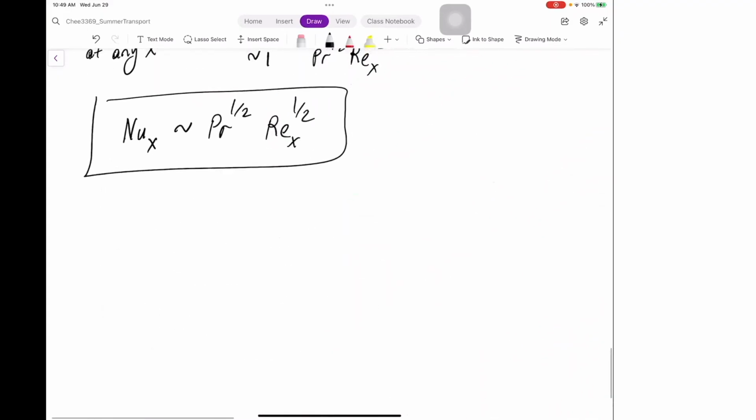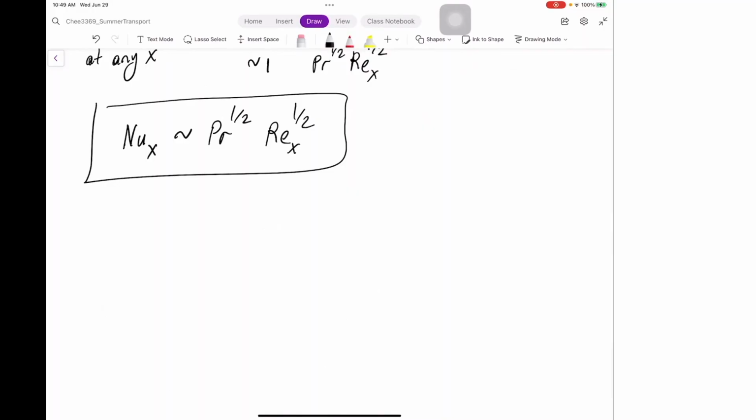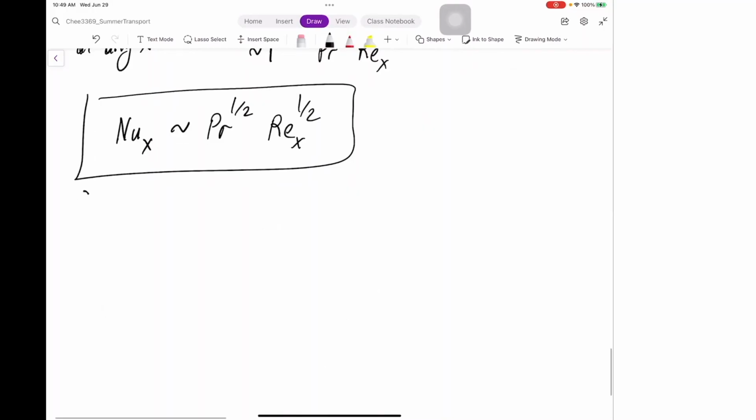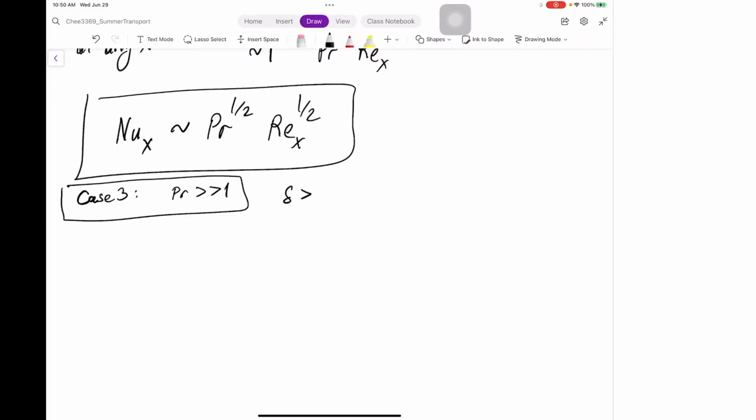Okay. So let's think about the case 3. Maybe we can actually learn something else from this case 3. Prandtl number is much larger than 1, meaning that delta is much larger than delta t.